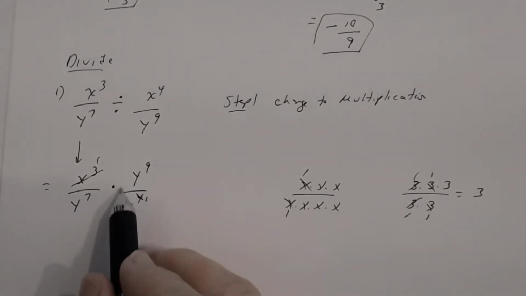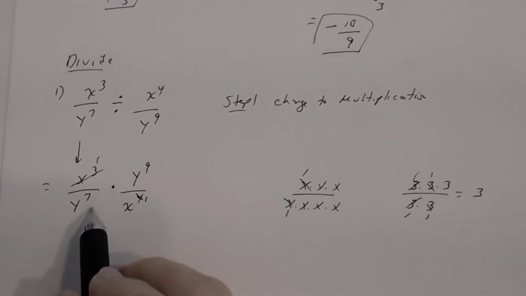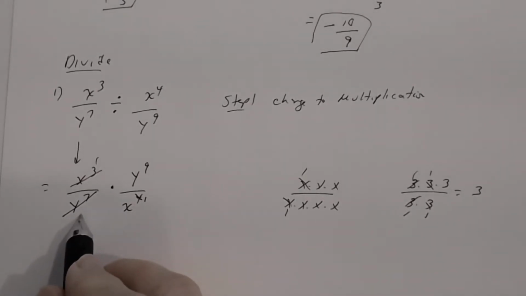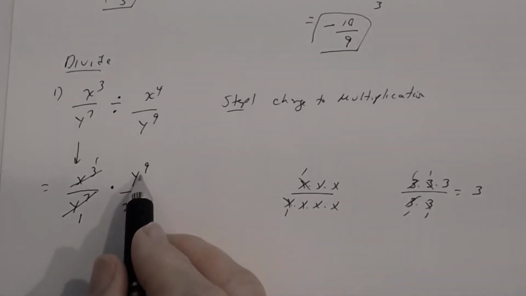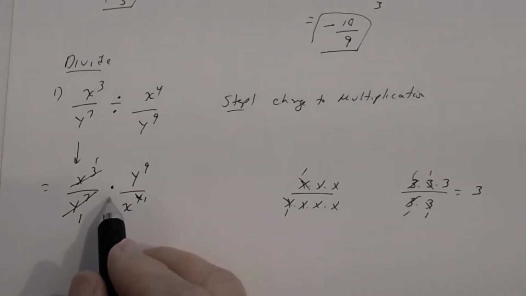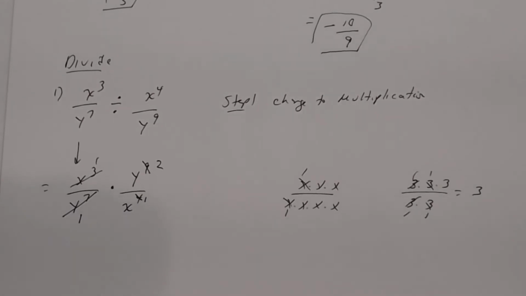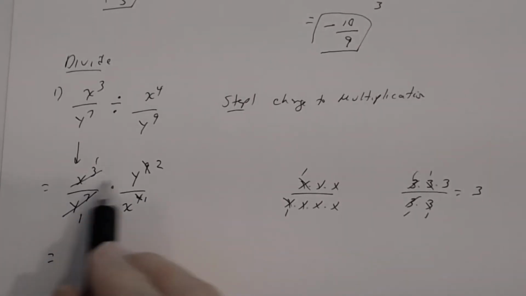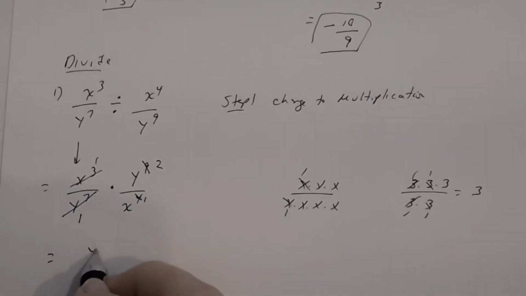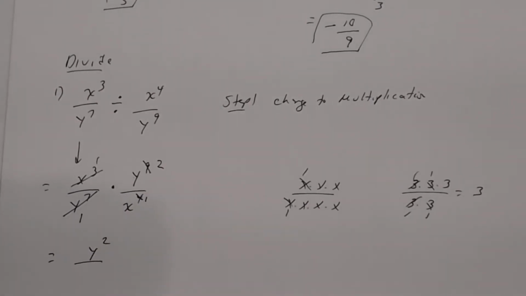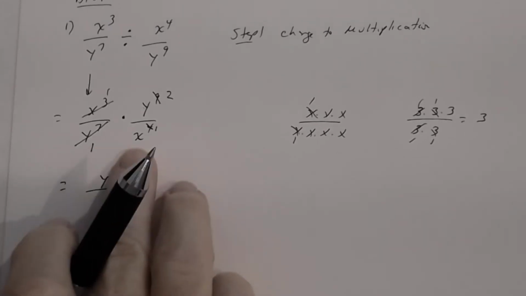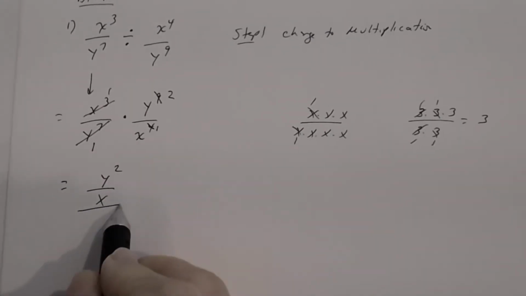I have 9 factors of y here, and I have 7 here, so all of these will divide out with 7 of these. If I had 9 and I'm dividing out 7 of them, then I have 2 left. And so that's all I can do. So the answer is going to be 1 times y squared, which is y squared, divided by 1 times x to the first, which is x. And so there's the answer.